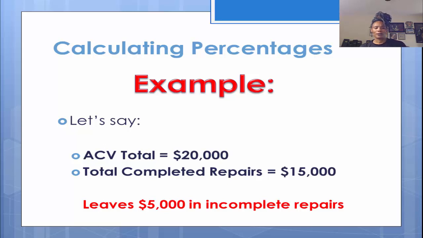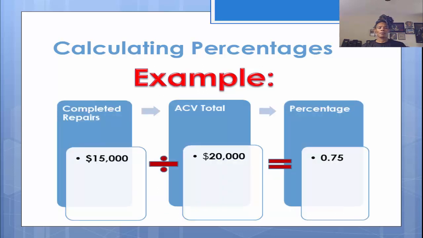That leaves about $5,000 in incomplete repairs, correct? So you have your $15,000 in completed repairs divided by your ACV total, which is $20,000, and that gives you 0.75.